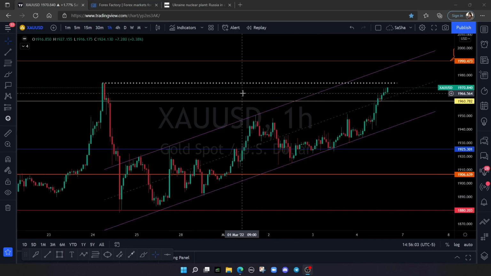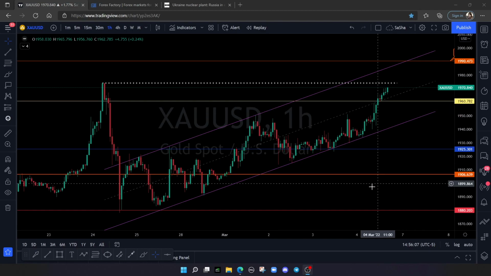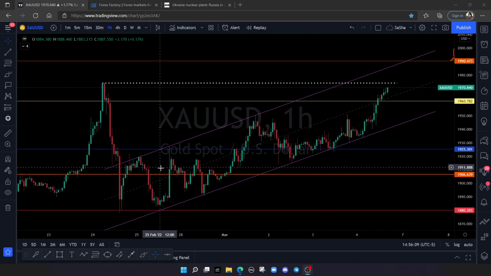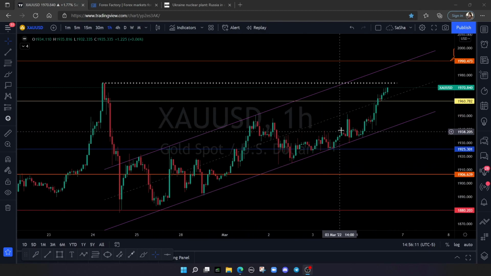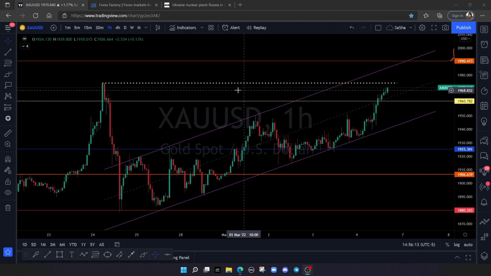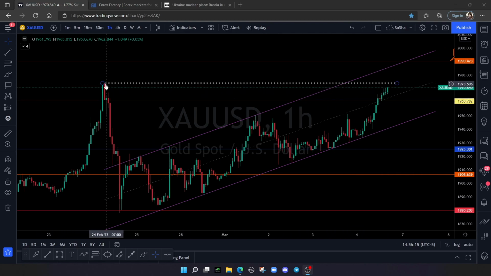Now the 1-hour chart, for intraday traders. We are in an upward channel. The nearest target area is 1973, 1974-ish, somewhere here, the previous high that we had. And we closed at 1970. I want to see, are we going to reject this area?